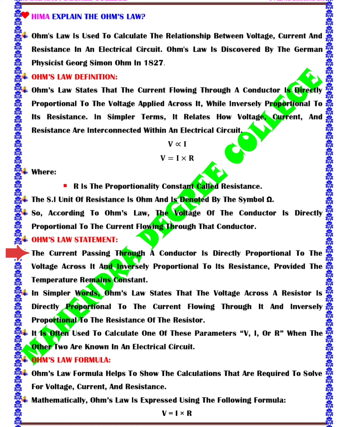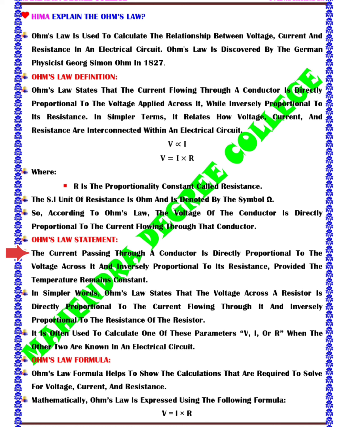Direct proportionality means, if the voltage across a conductor increases, the current flowing through it will also increase, and vice versa, assuming the resistance stays constant. Inverse proportionality means, if the resistance of a conductor increases, the current flowing through it will decrease, and vice versa, assuming the voltage stays constant.